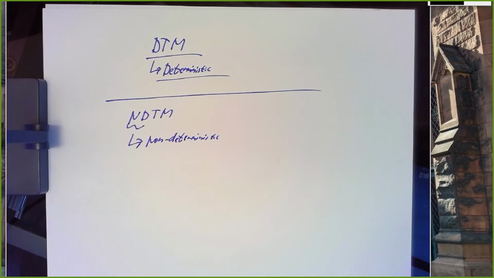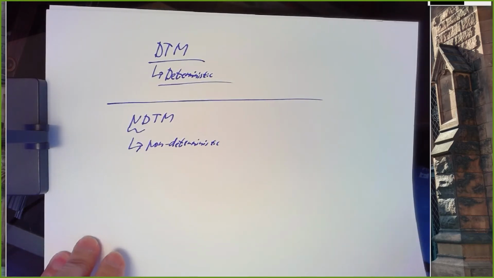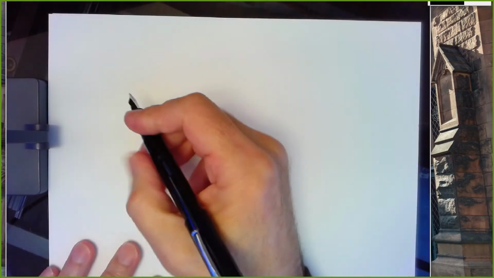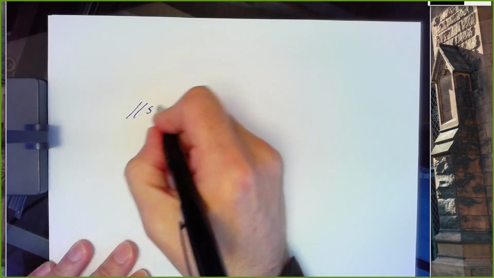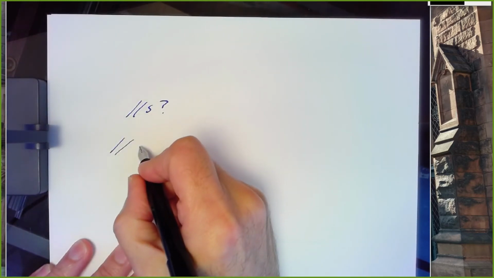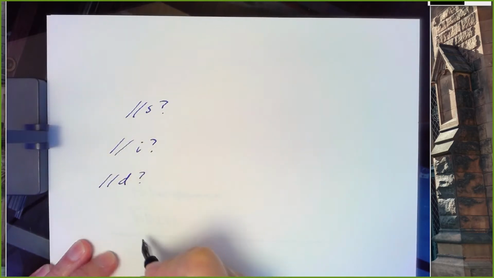And here's a way to think about this. We write programs in C, right? And think about a program where you're parsing input. So you're writing a program and the person's going to type something in, and you're going to write code which says, did the person type a search command? Did the person type an insert command? Did the person type a delete command?